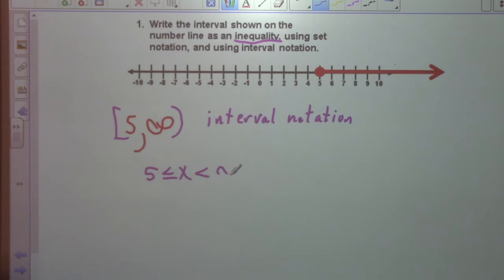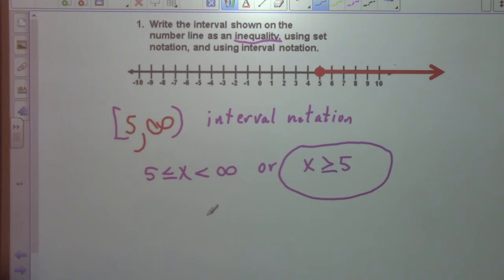Or another way you could write this that might be easier, you can just write x is greater than or equal to 5 like this. Either one of these is correct for inequality notation. This one here is more economical and simple.